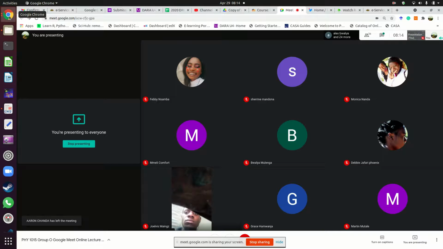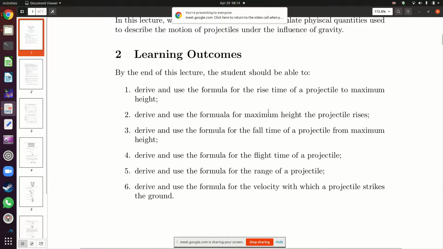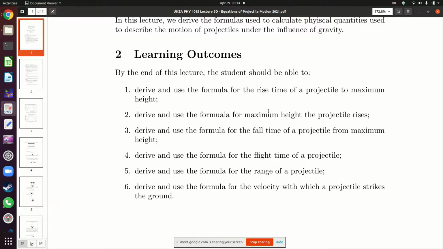Also, when we worked out the strike velocity, the velocity with which the projectile went up and struck the ground in the vertical direction was the same. So using those components, we worked out what the strike velocity of the projectile was, and we found out that it was actually the same as the launch velocity.